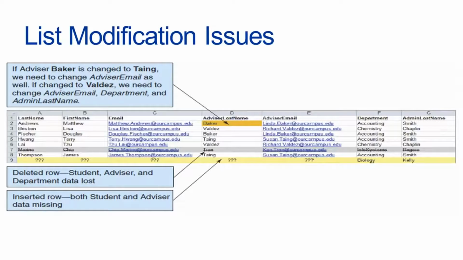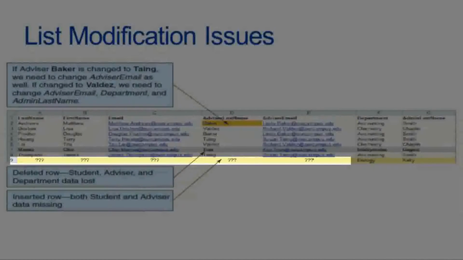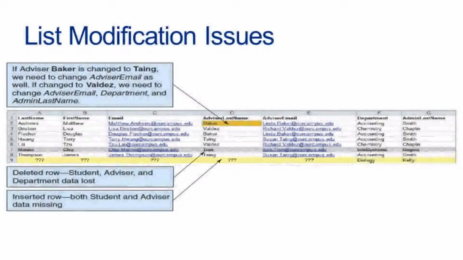However, we now have all of this missing data in our table. There are empty cells. There's no information for a student. There's no information for an advisor. All we have here is information for the department. This means that data are missing, and we're not efficiently utilizing our available storage space.